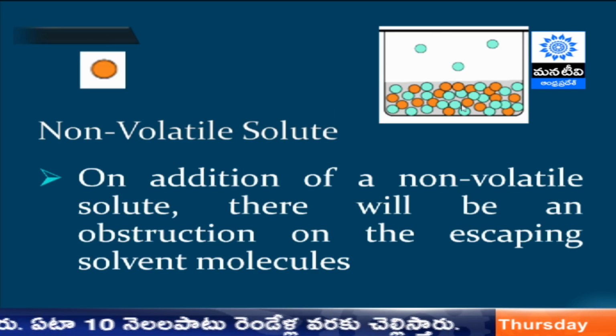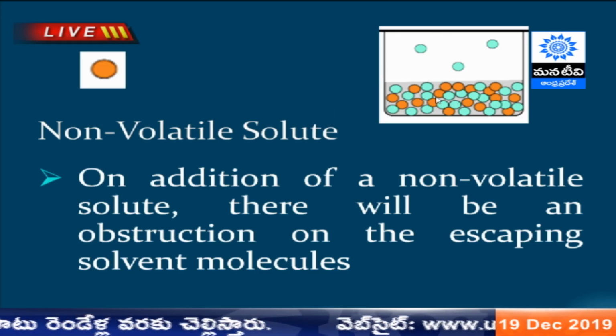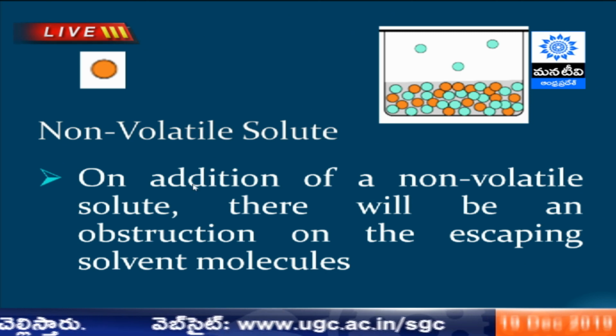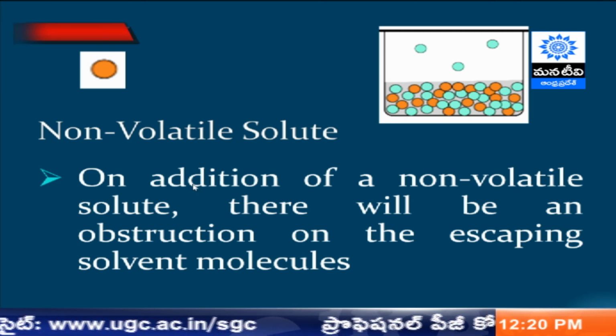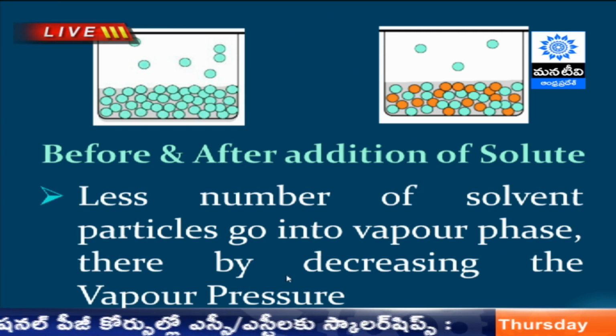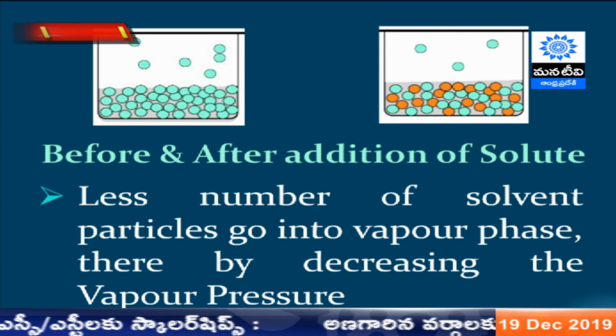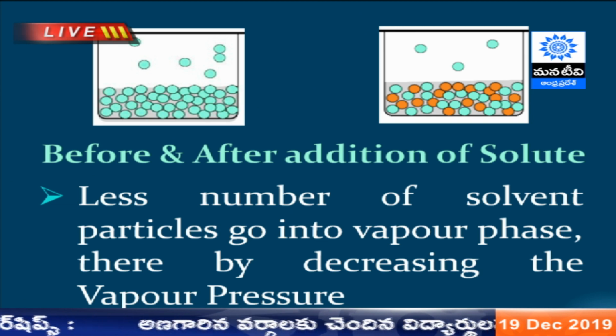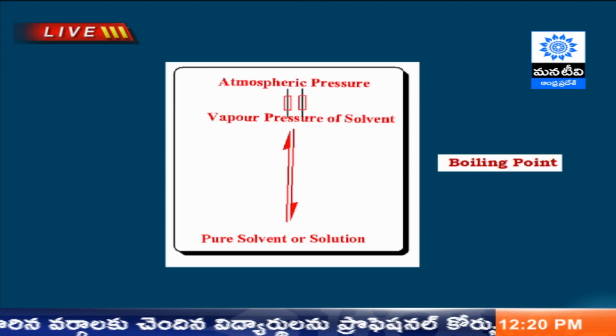When you are adding a non-volatile solute, there will be an obstruction to the escaping solvent molecules. Hence, fewer solvent particles go into the vapor phase, thereby decreasing the vapor pressure.